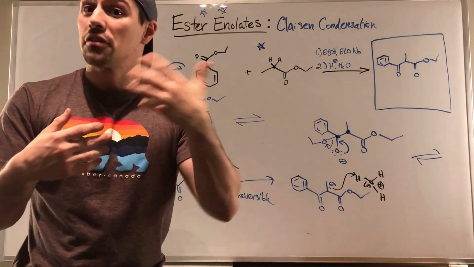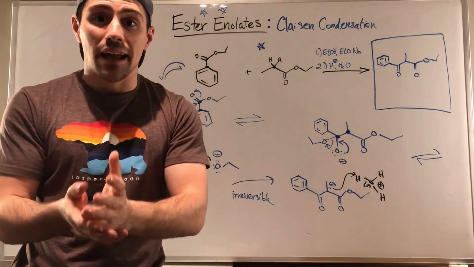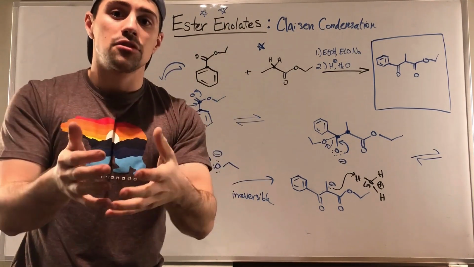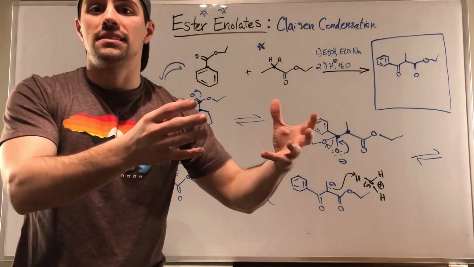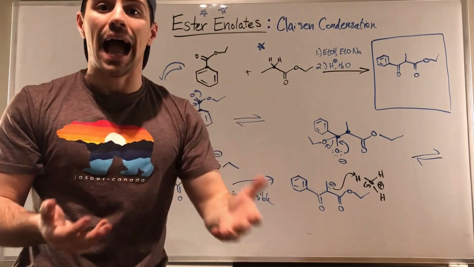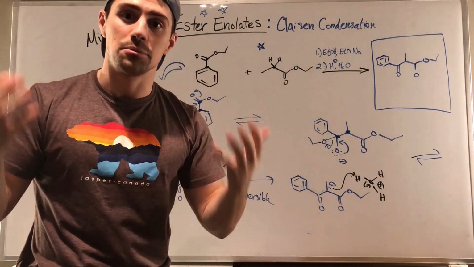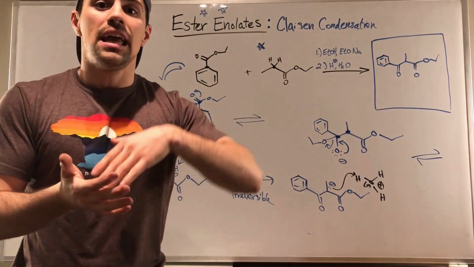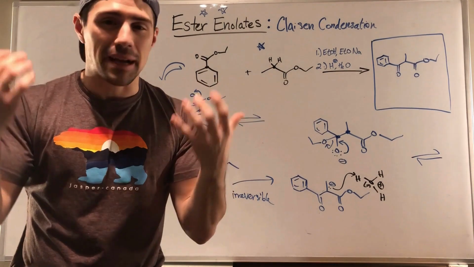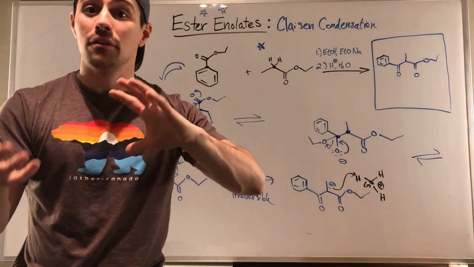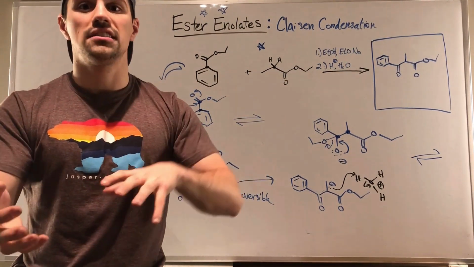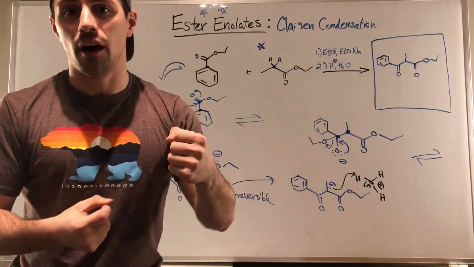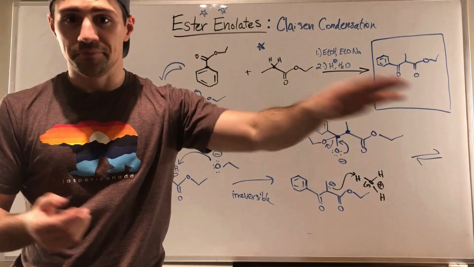Then we talked about the Claisen condensation, how we can not only use esters to generate a nucleophile, but then also use the same species as our electrophile to attack and generate a tetrahedral intermediate, which we've covered before, collapsing the tetrahedral intermediate and ejecting a leaving group that's not spectacular, and then learning about the requirement of the Claisen condensation to have the extra proton, to give it the energetic boost, the payoff, to push it to completion.